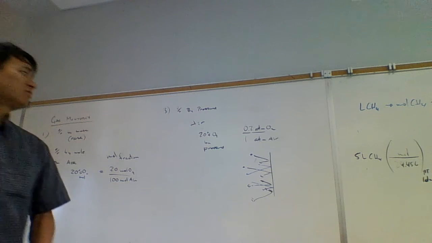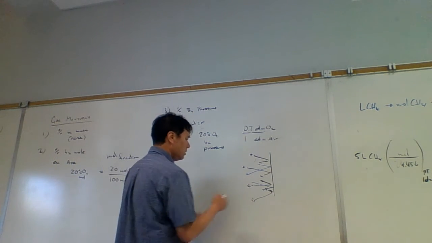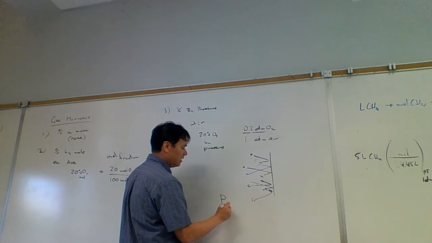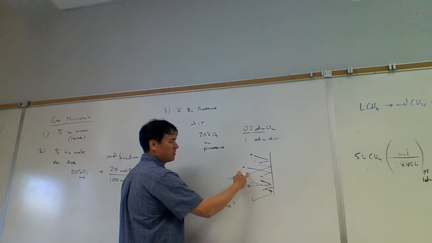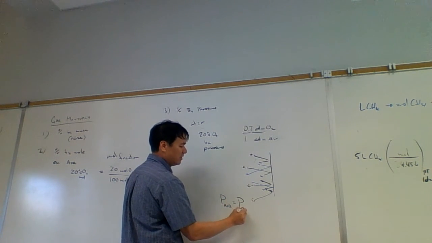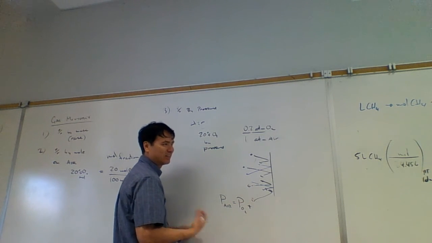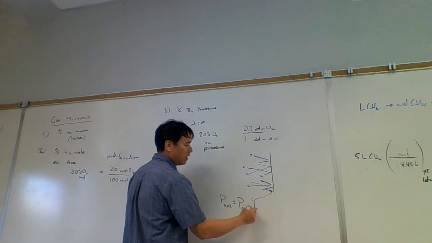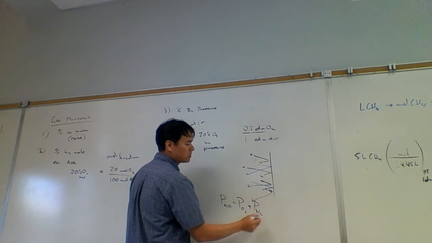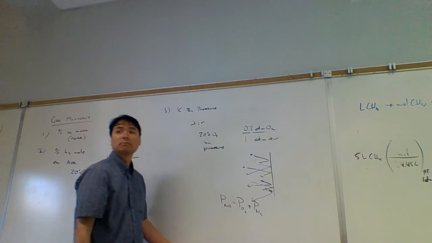This is Dalton's law of partial pressures. So the pressure of the air is equal to the pressure of the oxygen, the blue collisions, plus, I'm going to simplify air into oxygen and nitrogen, plus the pressure of the nitrogen, which are the black.